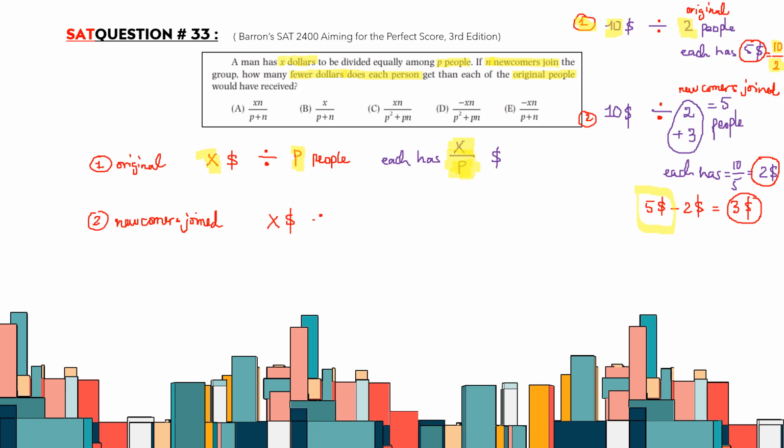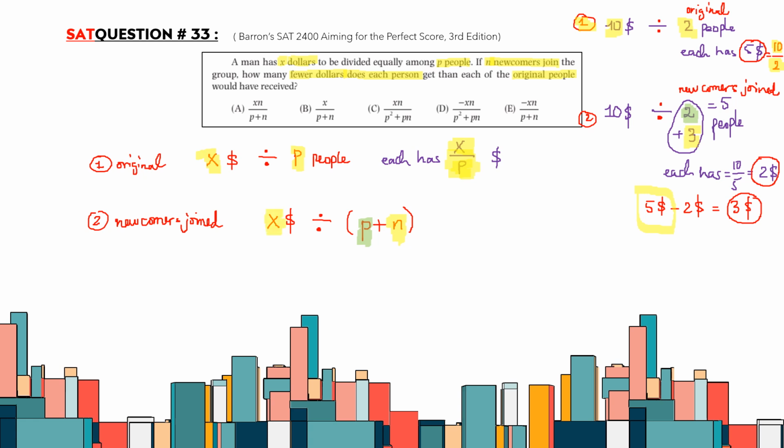But now you have to divide among a group of the old people and the newcomers. So P is equal to 2 right here, then you add 3 newcomers.